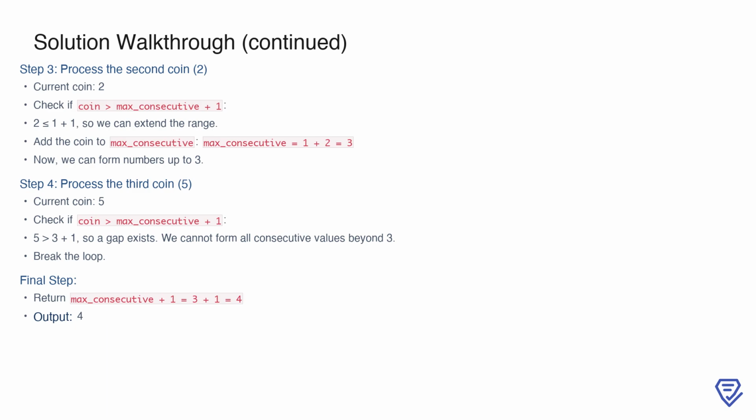Here, we see that 5 is greater than max_consecutive plus 1, which is 4. This indicates a gap, meaning we cannot form all consecutive values beyond 3. At this point, we stop processing and return max_consecutive plus 1, which is 3 plus 1, giving us a result of 4. Therefore, the maximum number of consecutive values we can form using the coins 1, 2, 5 is 4.